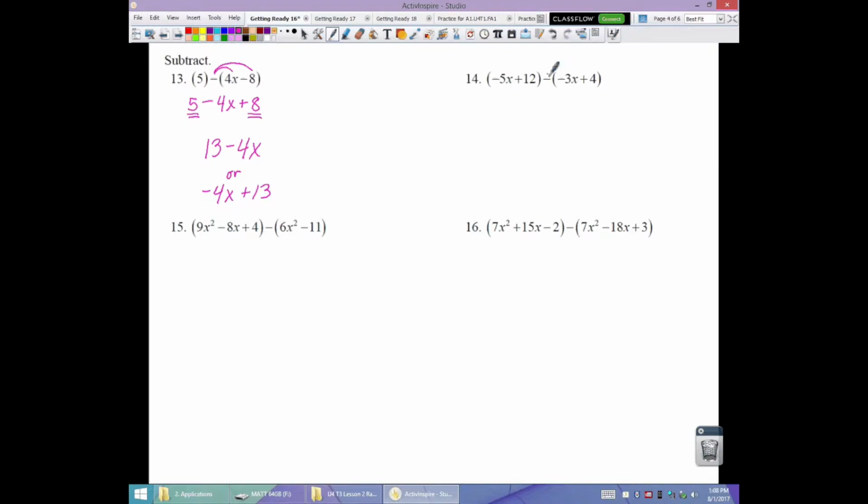Number 14, distributing the negative, I rewrite as negative 5x plus 12 plus 3x minus 4. To see my like terms, negative 5x and 3x is negative 2x. 12 minus 4 is 8.